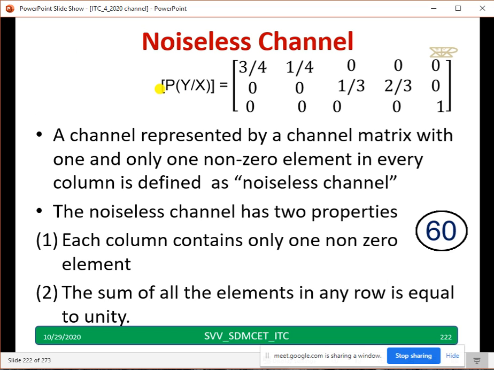Noiseless channel. A channel represented by a channel matrix with one and only one non-zero element in every column is defined as a noiseless channel. Just copy down the channel matrix and this one line, and two properties: each column contains only one non-zero element, and the sum of all the elements in the row is equal to unity.